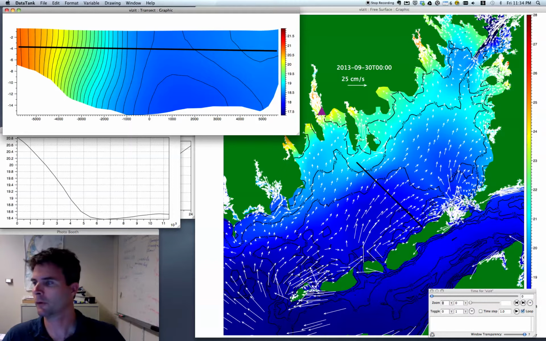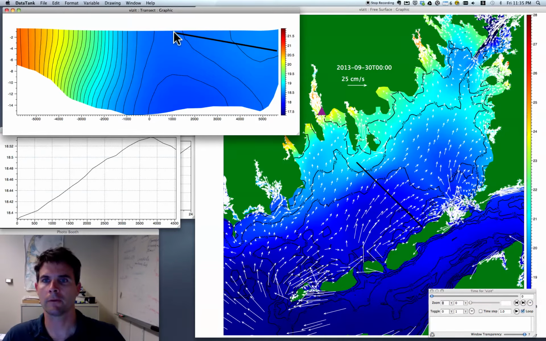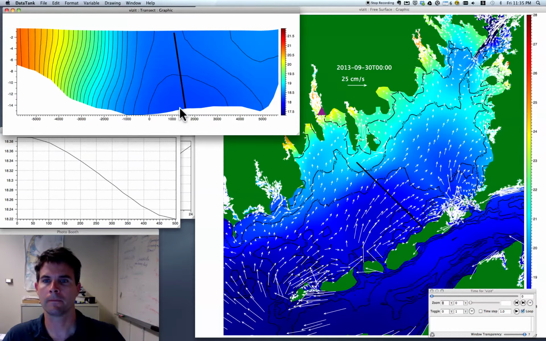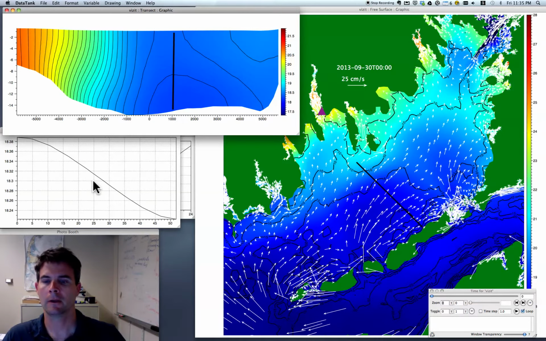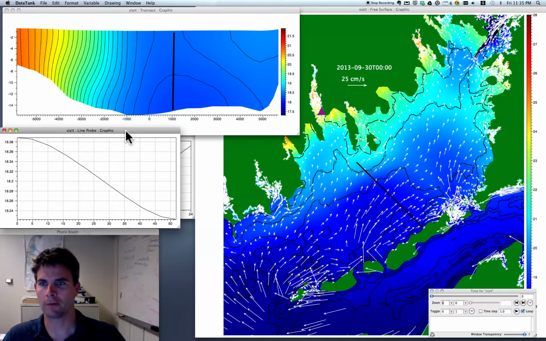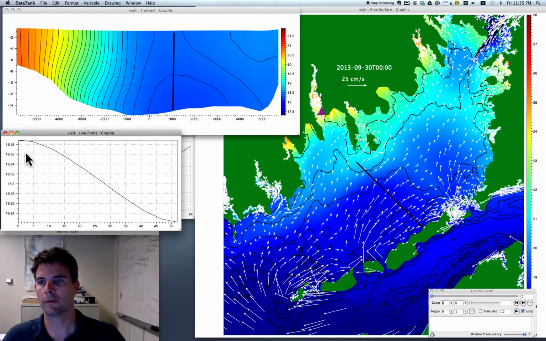Now let me just first put an up and down slice through there, just a line from surface to bottom. I don't really have an easy way of turning this sideways, so you have to imagine this is the surface, warmer water 18.4, decreasing to about 18.24 at depth.